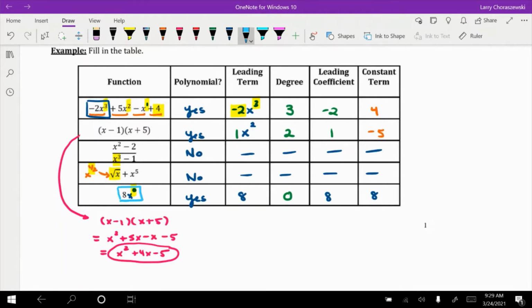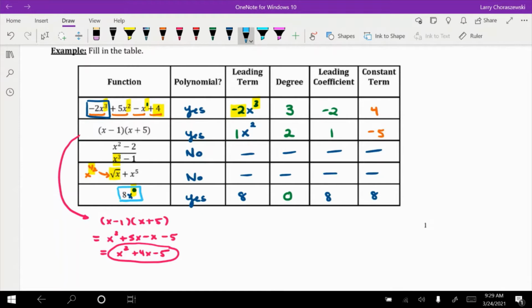It doesn't contain a lot of monomials, right? It's just a single monomial, but it does, in a roundabout way, meet the criterion for a polynomial function. And we would classify all those typical things accordingly.